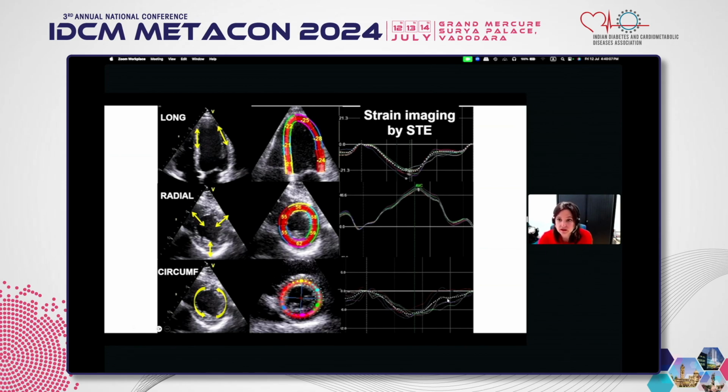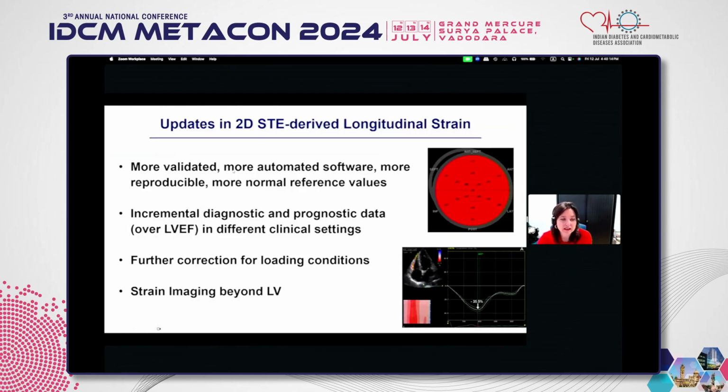The studies that have been performed actually mainly focus on longitudinal strain. Therefore, in this update that I was asked to give you, I will focus on longitudinal strain and on these 4 points, which have really been strengthened over the last decade.